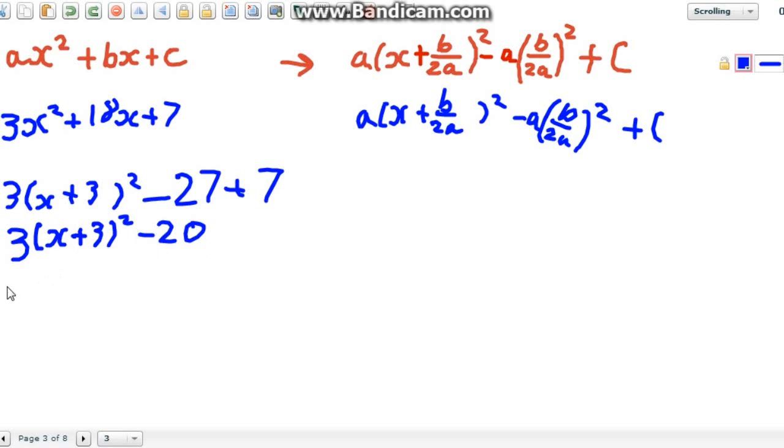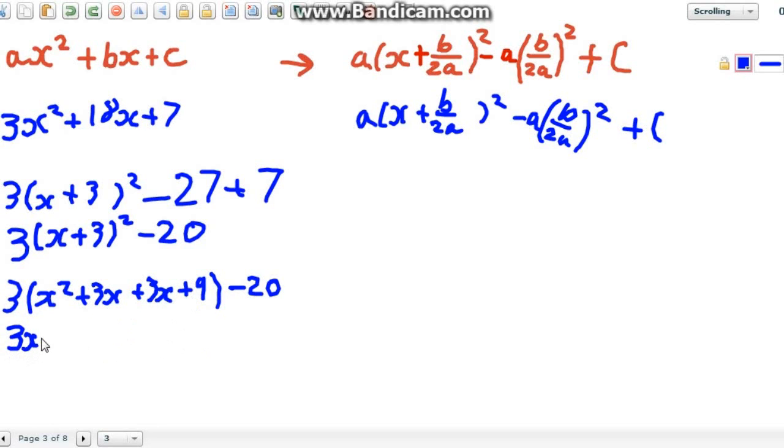So x plus 3 squared, that would have x times x is x squared, x times 3 is 3x, 3 times x is 3x again, 3 times 3 is 9, minus 20. Then times through by the 3 gets us 3x squared.